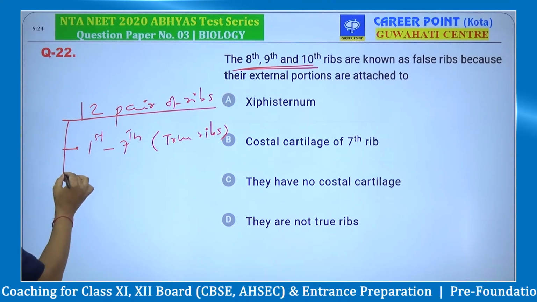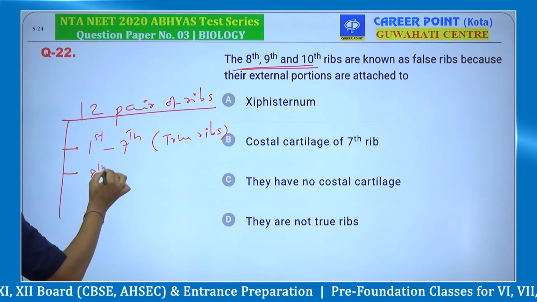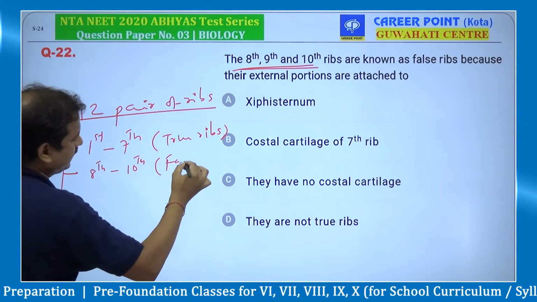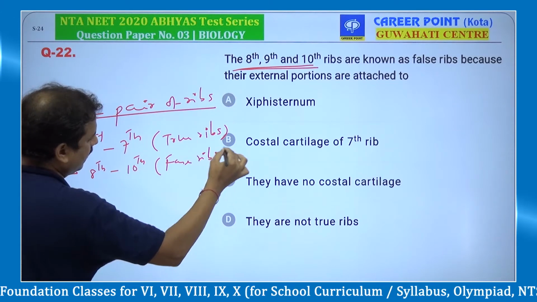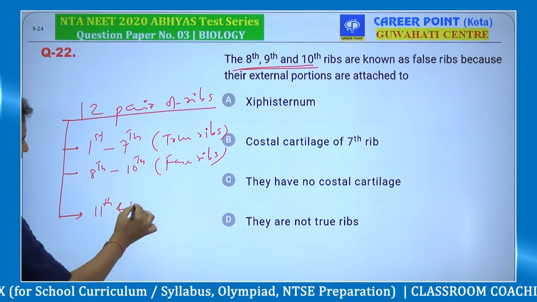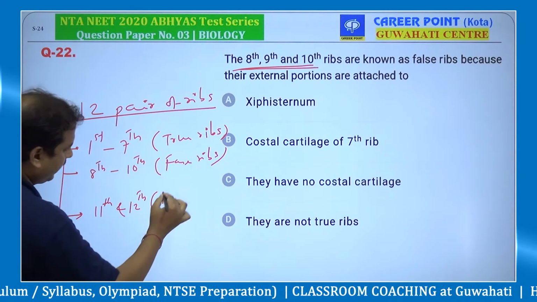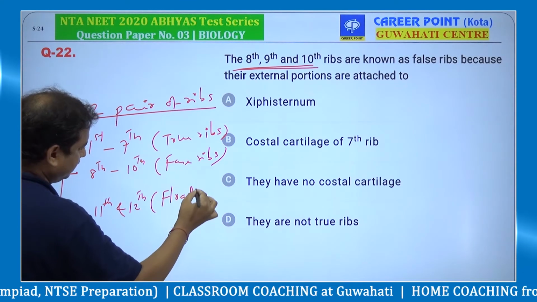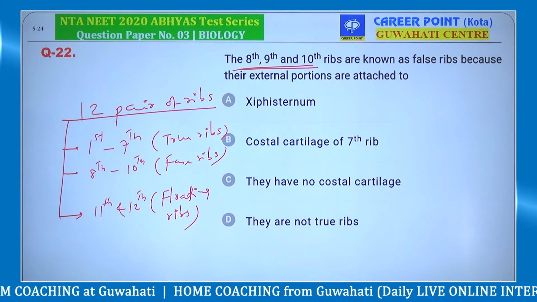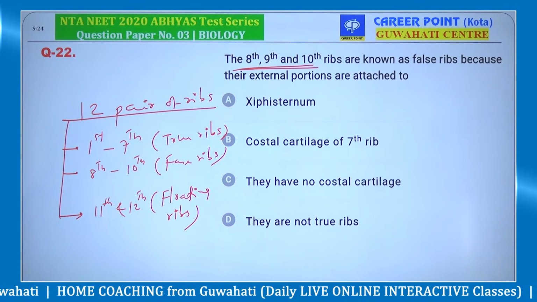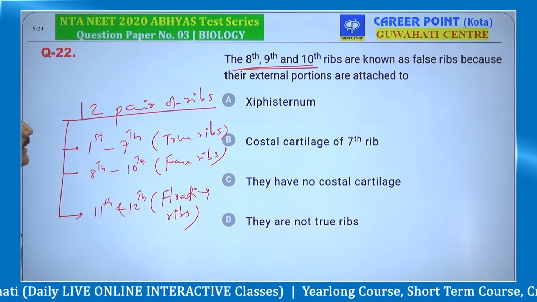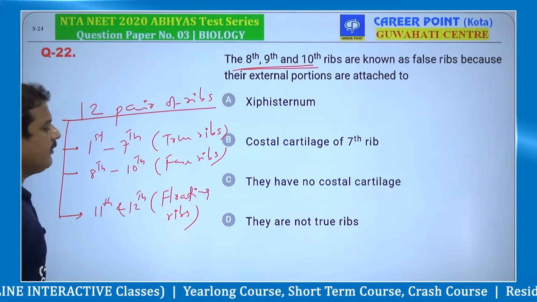Next, 8th to 10th are called false ribs. And the last ones, 11th and 12th, are called floating ribs.